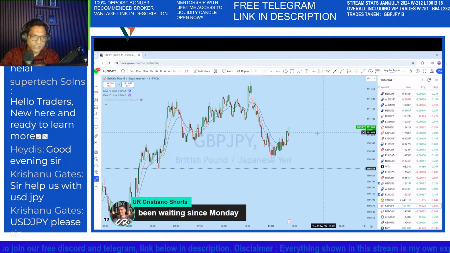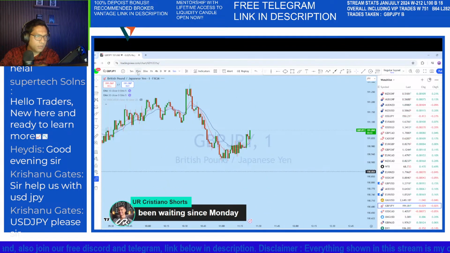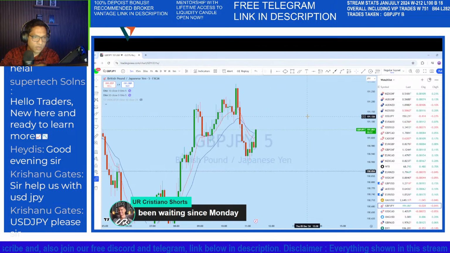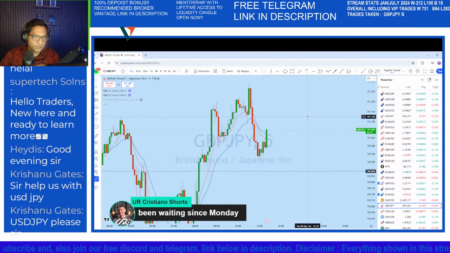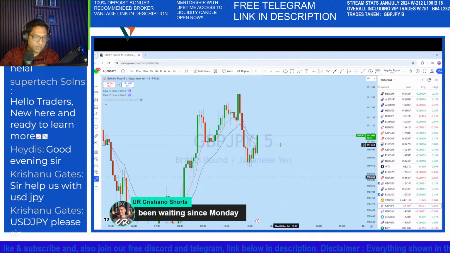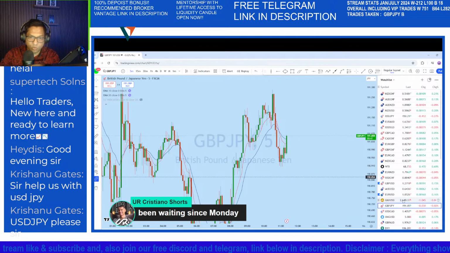Locally, we can see the market is moving in that direction. And if we look at the lower time frame, we can see the market here slowly, after this break, trying to rebound to the upside. This is the 5-minute chart on GBPJPY.